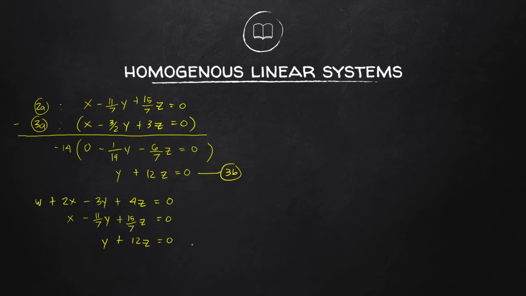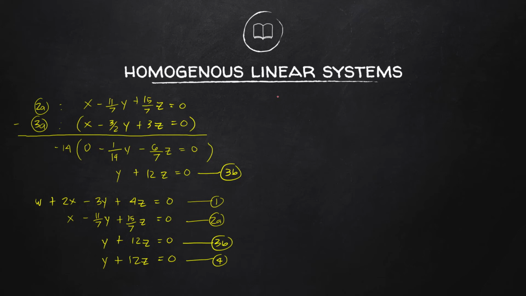And copying your fourth equation, this is 1, 2a, and 3b. The fourth equation is y plus 12z. If you will notice, equation 3b and equation 4 are the same. If you are going to do the process of elimination for equations 3b and 4 to get rid of the variable y in the fourth equation, we will arrive with this.